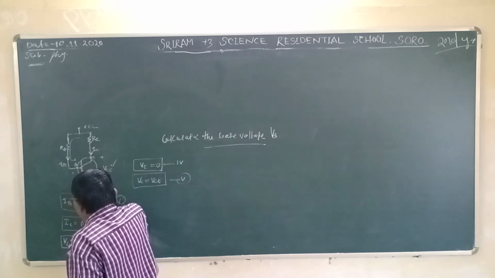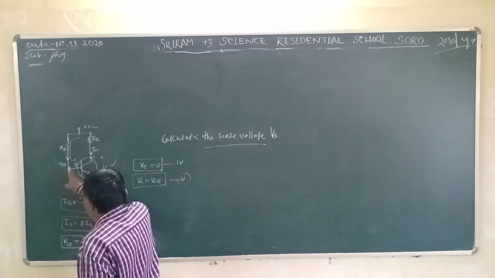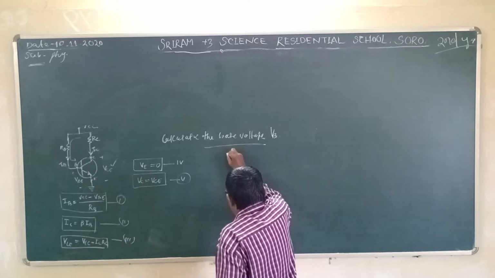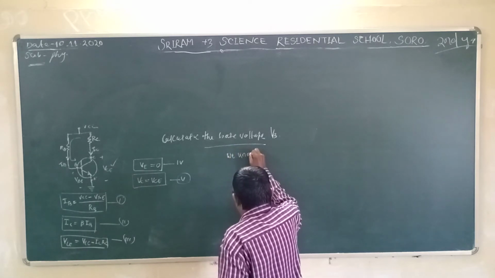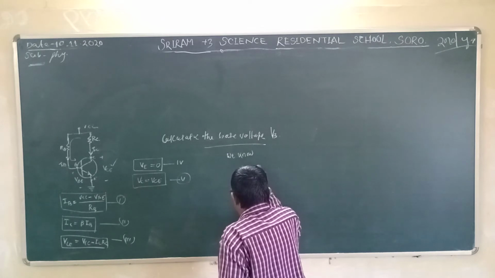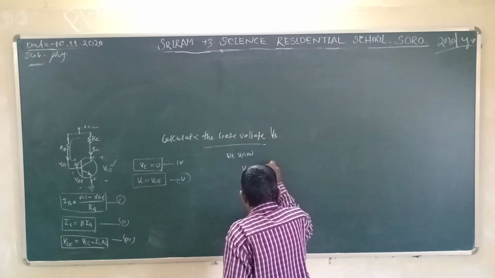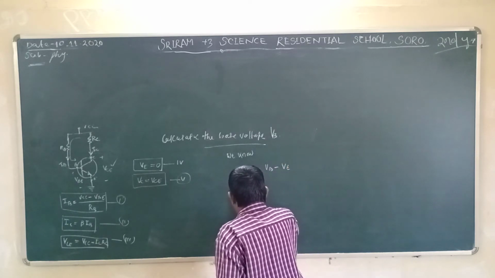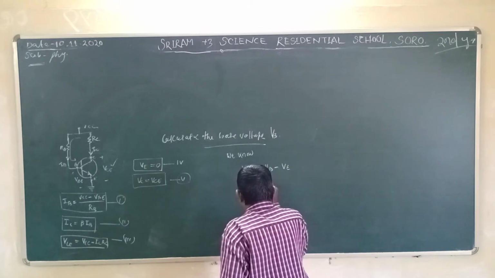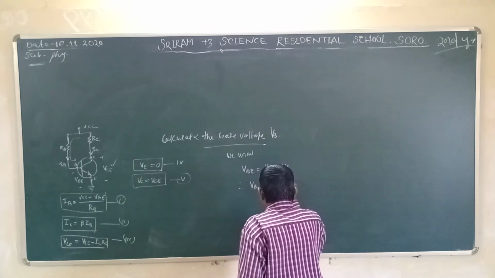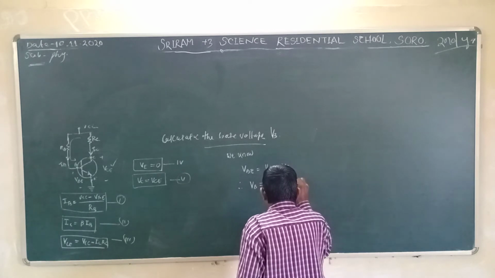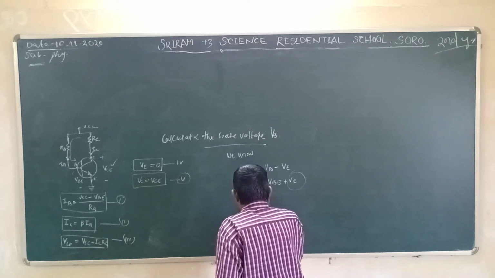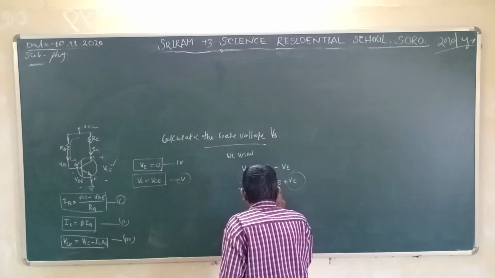We know VBE equal to VB minus VE. Therefore VB equal to VBE plus VE. Now this voltage VE is 0 volt, so VB equal to VBE.